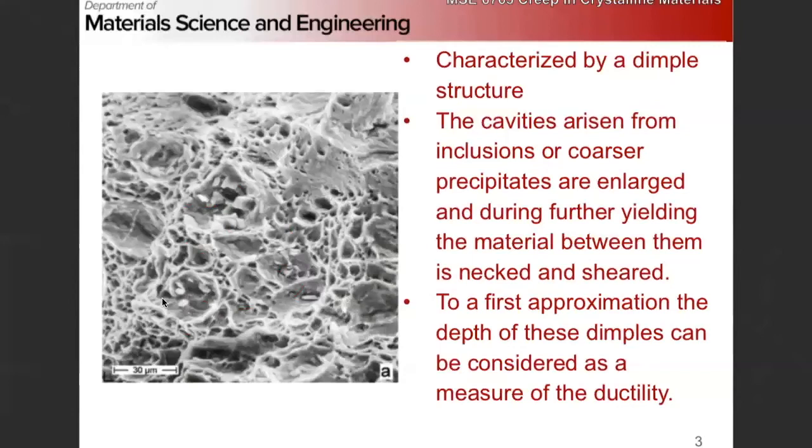And to a first approximation, the depth of these dimples becomes a measure of your degree of ductility in your sample. You can see if you look at these voids here, right, we see a little particle, secondary phase particle in these.